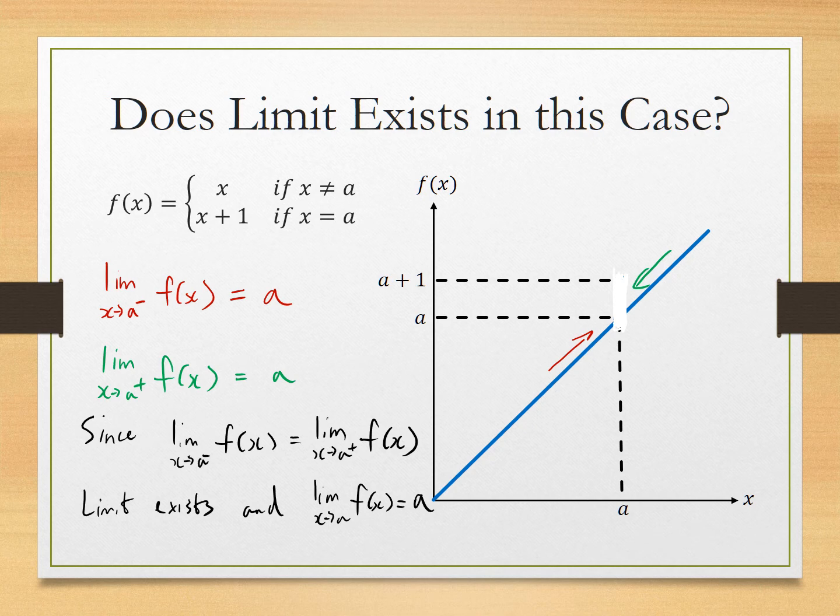And that's the limit, the trend. Even though we know from the definition that at that point it's not actually taking on that value, the trend is that it is. So limit is all about the trend.